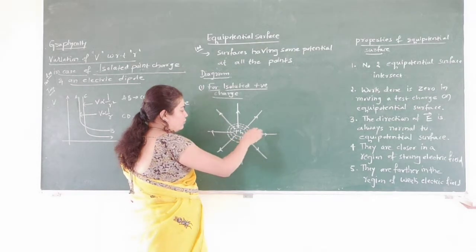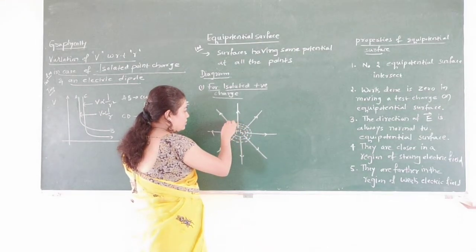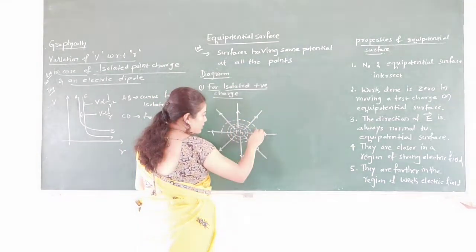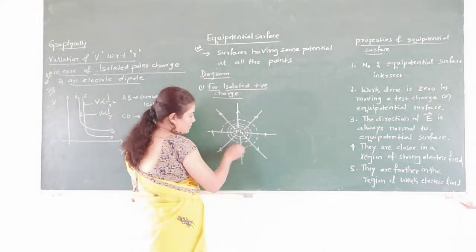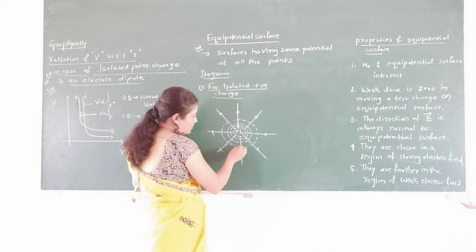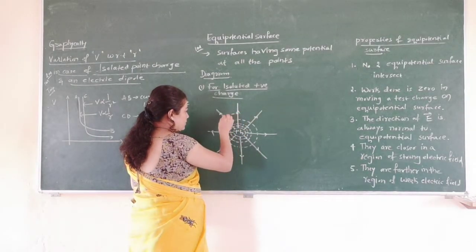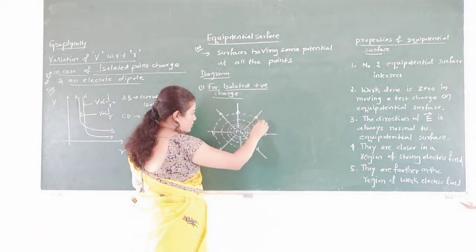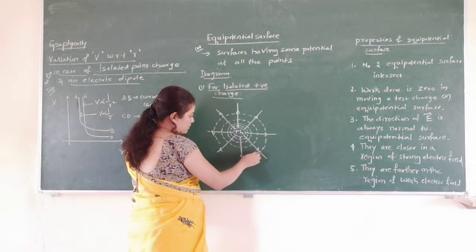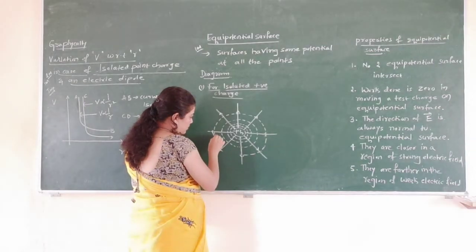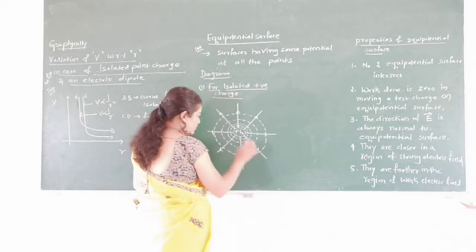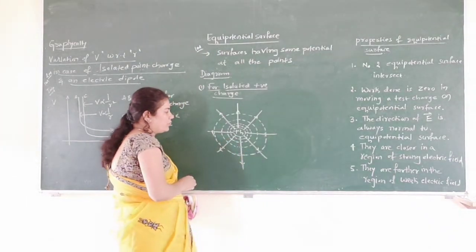Now, as you move away from the charge, draw the equipotential surfaces farther from each other. These are the equipotential surfaces.